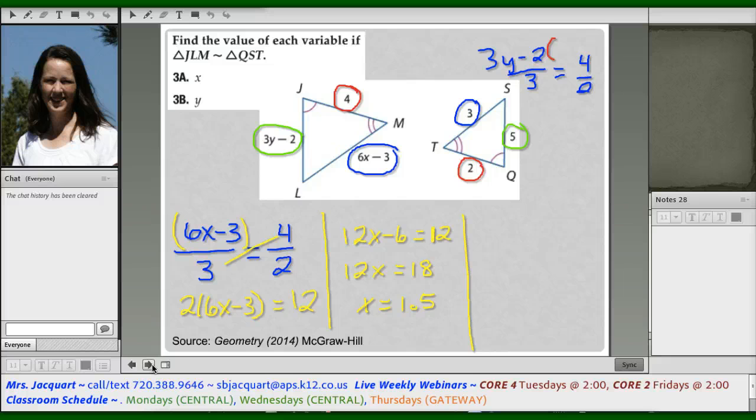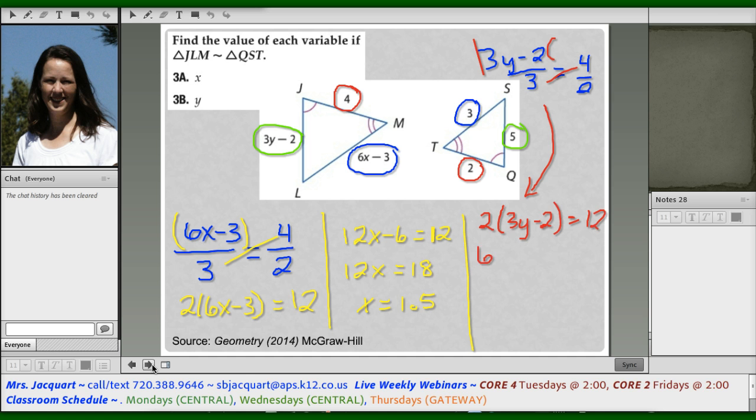Insert those parentheses. 2 times (3y minus 2) equals 12.